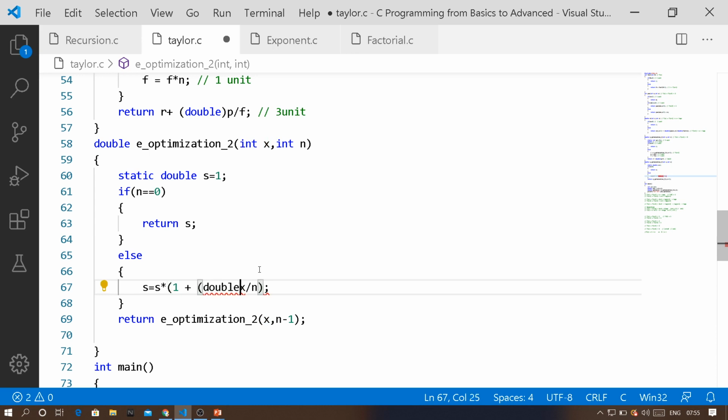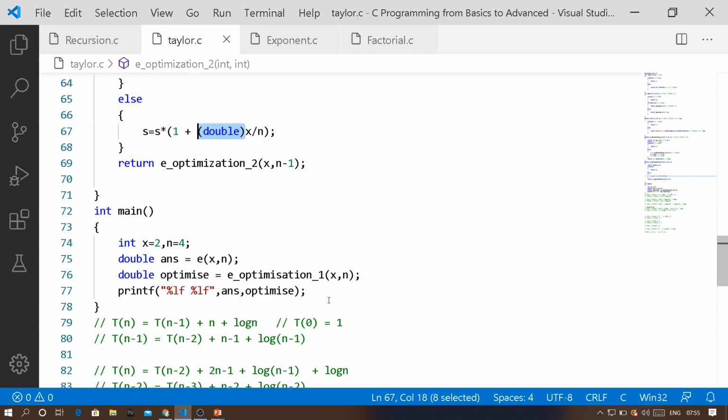So I'm just typecasting x into double, or otherwise you can change this data type into double. If you directly change the data type to double, automatically double divided by double, you'll be getting an answer also in double. So if you are having an integer, even though you have to go with double, then you can do typecasting like this. Okay, so we are typecasting an integer value to a double value.